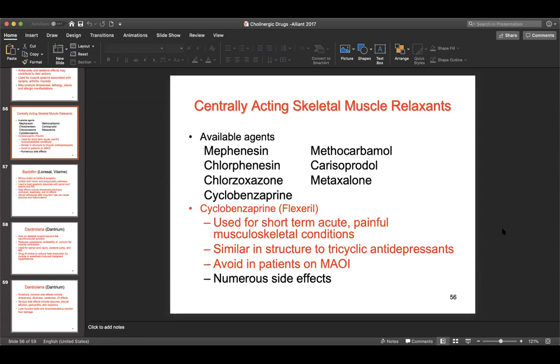Okay. All right. So I'm going to change slide sets. We're going to go to the adrenergic drugs, and hopefully we can get through them. Let me pull these up real quick. I'll close out the cholinergics. We're not going to have as many adrenergic drugs.